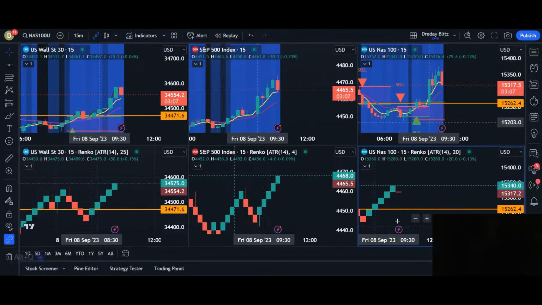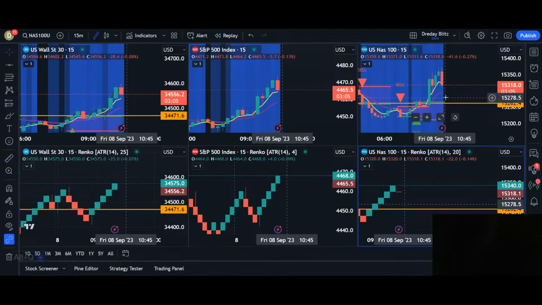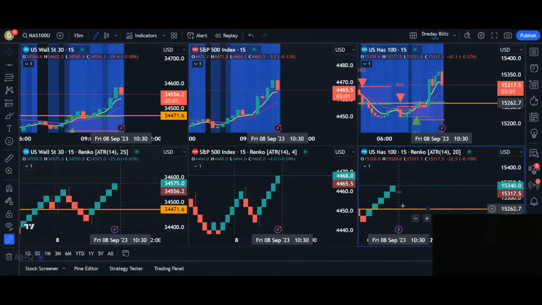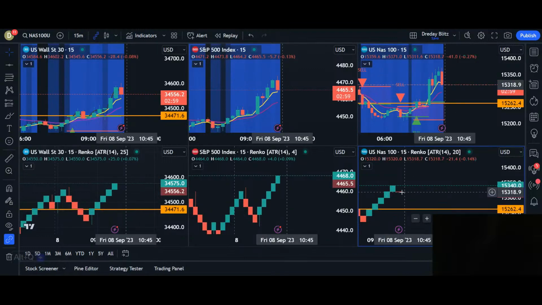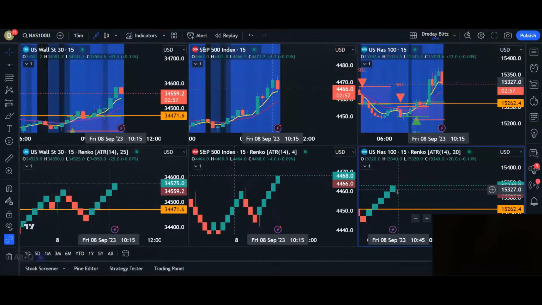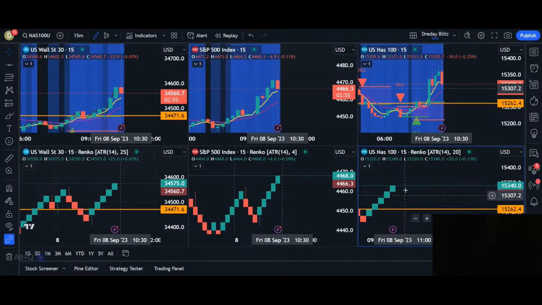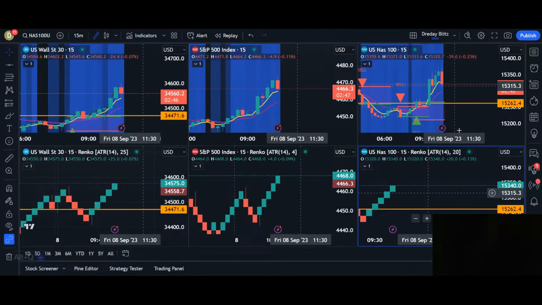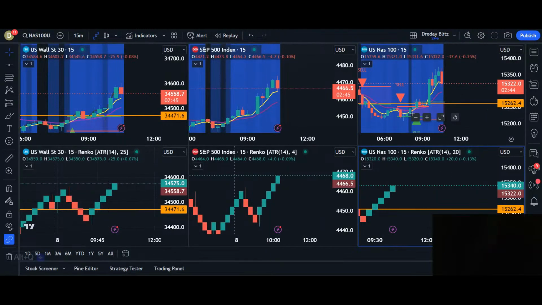So what you could do here is maybe look at the reversal pattern on the chart, on the candlestick, or when usually the Renko bar is a little bit grayed out, you may decide to get out of the trade because you were in the trade.